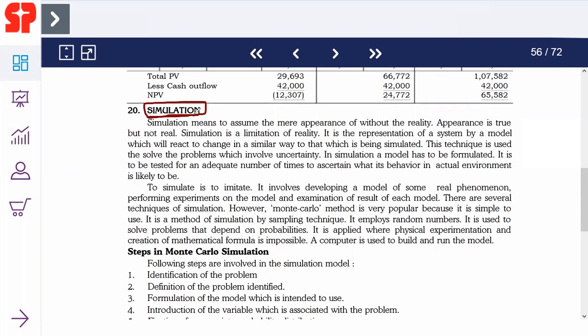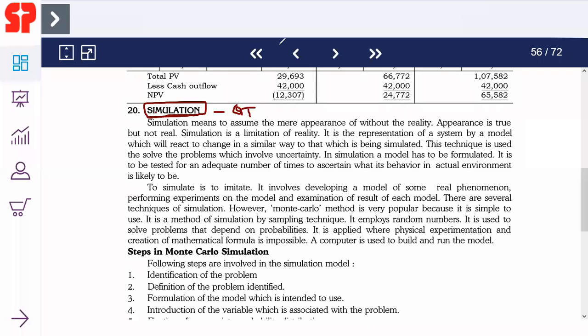It is a separate subject, and simulation is normally covered in operations research or quantitative techniques. But here it is given in our syllabus as a part of FM, so we will discuss it.